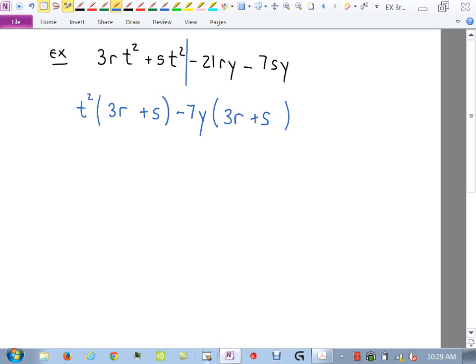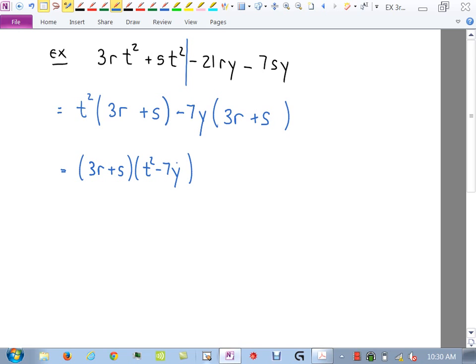Now let's double check that when we do negative 7Y over here to the S, we get negative 7SY. We do, so it's good. Since they match, I pull that out front, 3R plus S. And then the other parentheses, what goes in there? T squared minus 7Y.